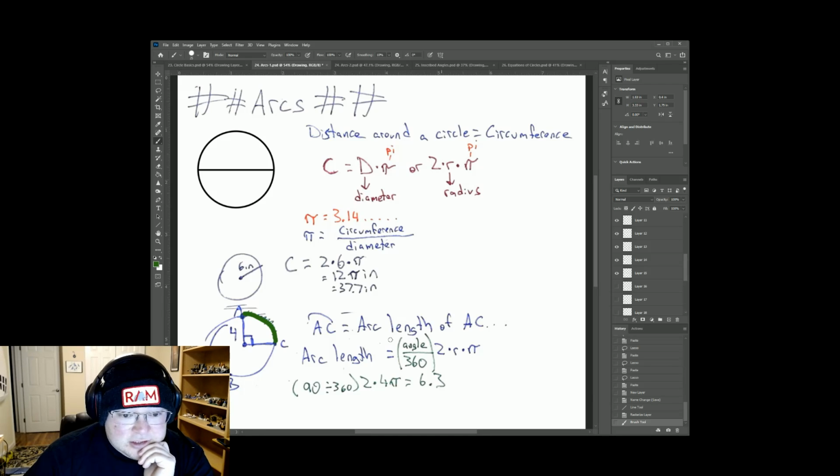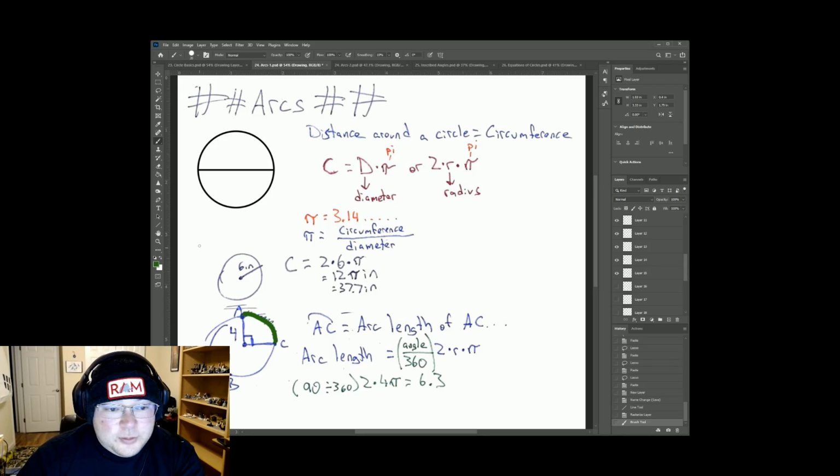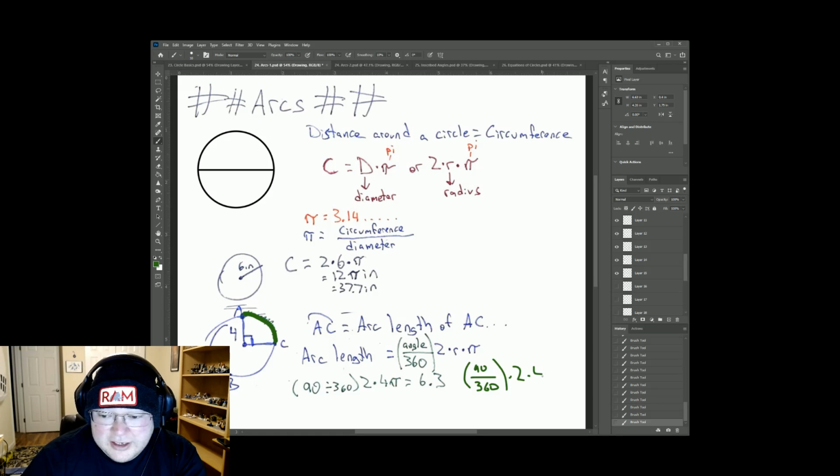Okay. So once again, if I were to write the formula out, basically how you're thinking of this is from here to here is only 90 degrees. So if you're just writing out the formula, 90, instead of a full circle, which is 360, times 2 times radius times pi.